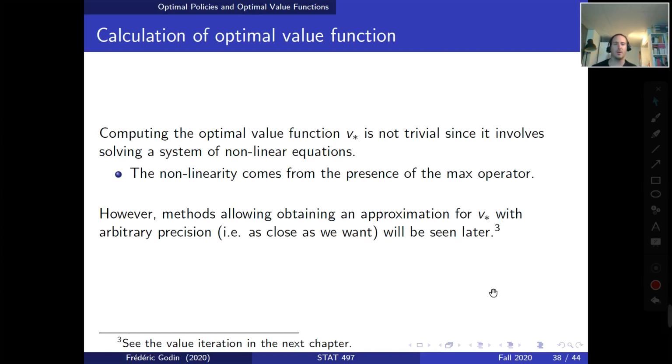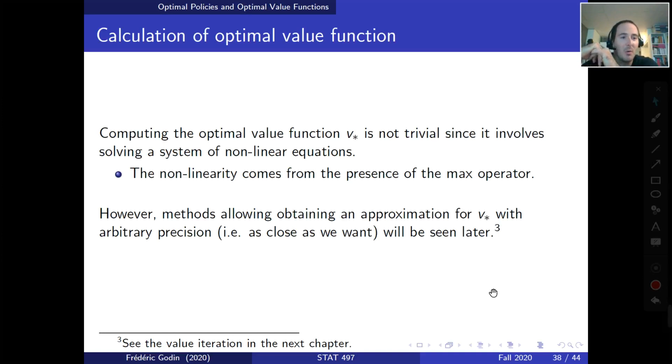Okay, so we said that the optimal value function exists, both the optimal state value function and the optimal action value functions, respectively V star and Q star. So we said they exist, but in practice, they're not easy to calculate.